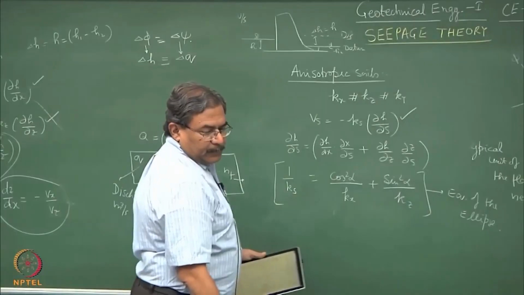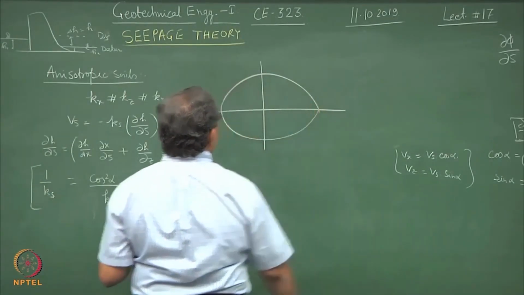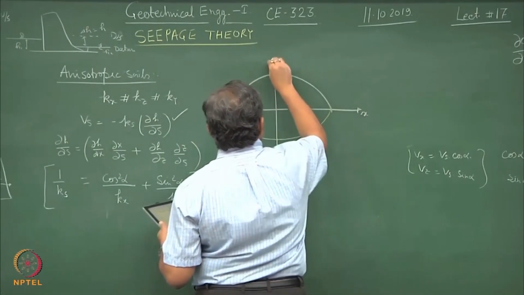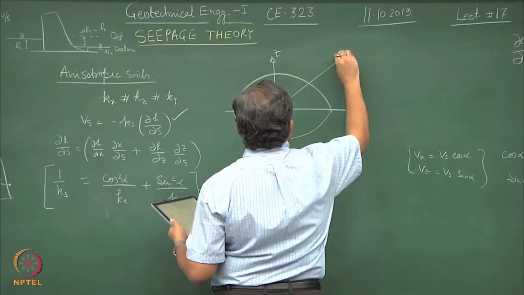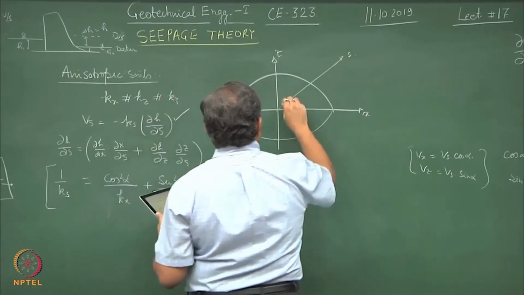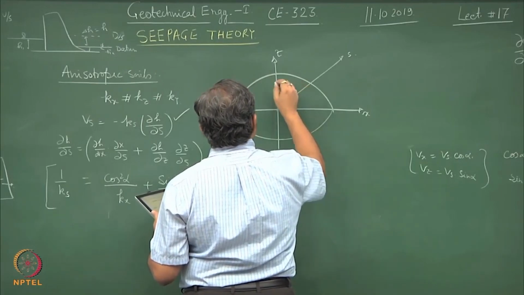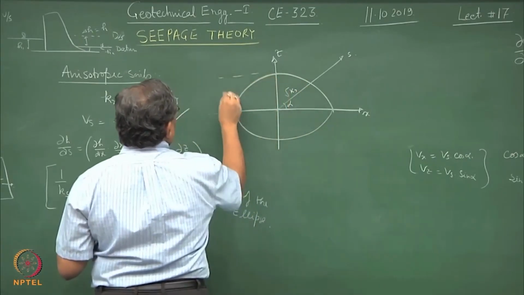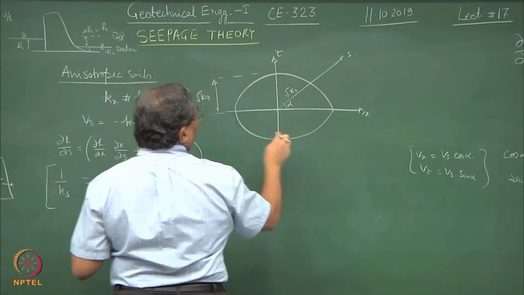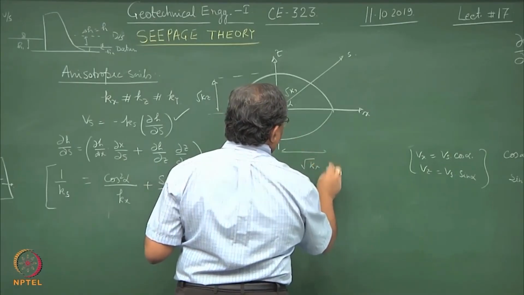And if I ask you to draw the ellipse, this is the x direction, z direction, this is the s direction, this is the alpha term, this is under root of k s, this is under root of k z, and this is under root of k x.